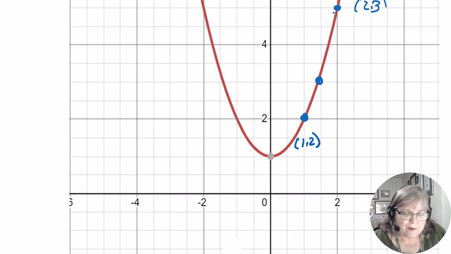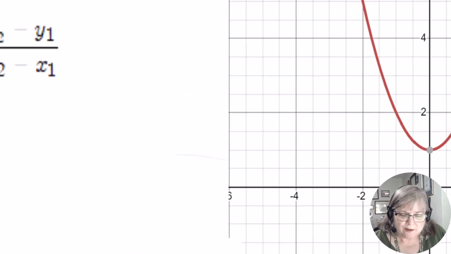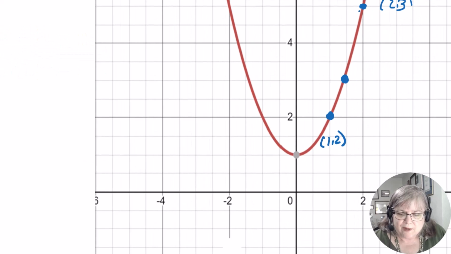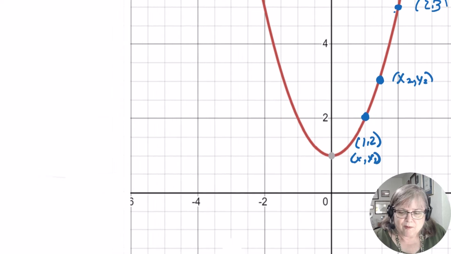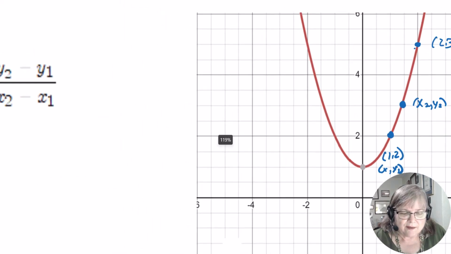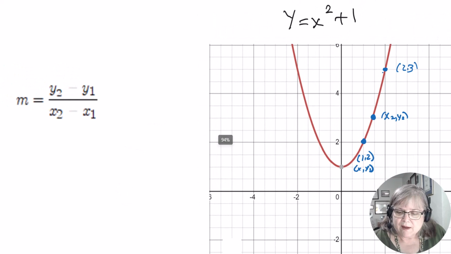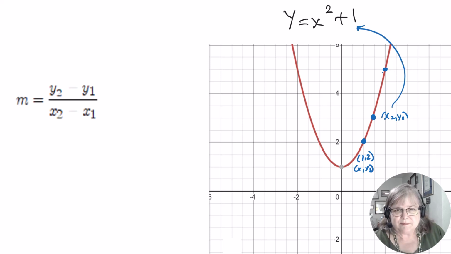Now, what we would have done is, using this slope formula over here, we would have had a second point over here. And this would have been our first point. And we would have said, oh, I can calculate this value x2 for whatever point you want using that formula.